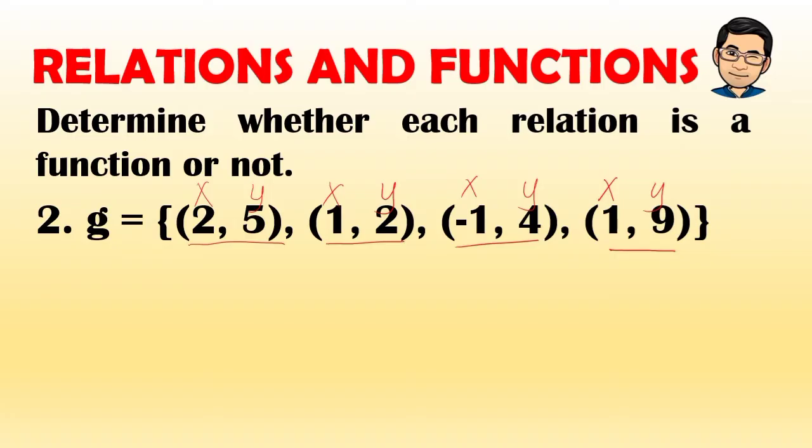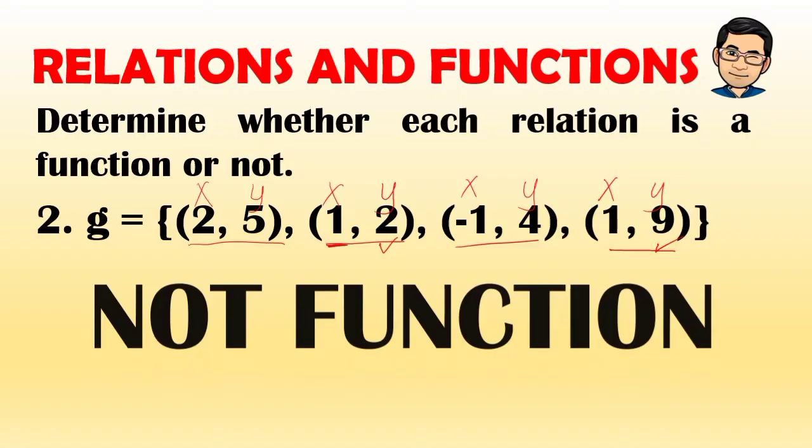So, is it a function or not? So, kung i-analyze natin, merong dalawang y values ang 1, which is 2, and then yung 9. So, again, para maging function siya, dapat ang x value, nagko-correspond lang siya sa isang y value. So, therefore, this is not a function.